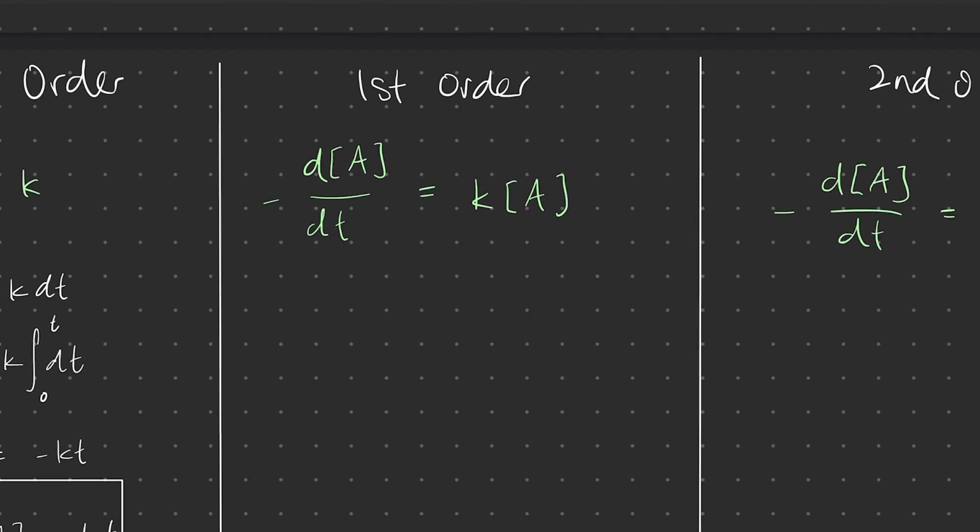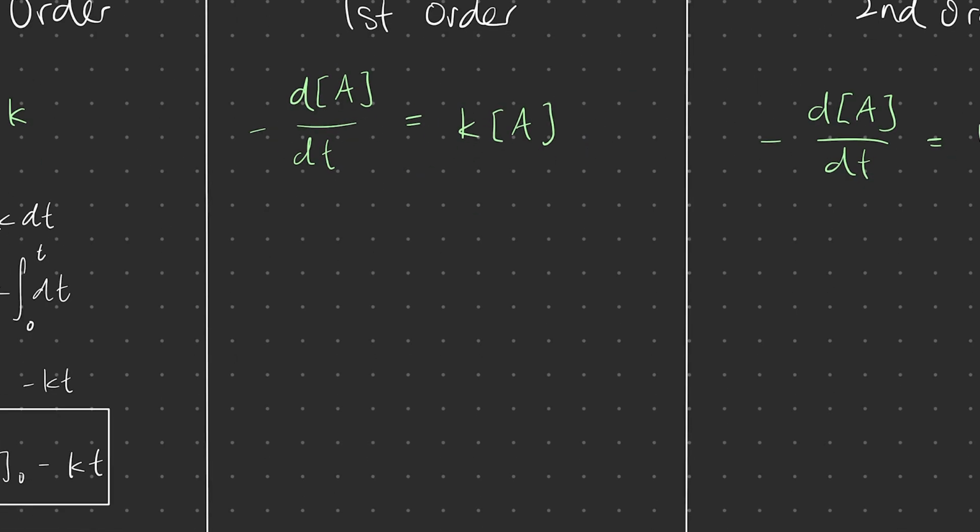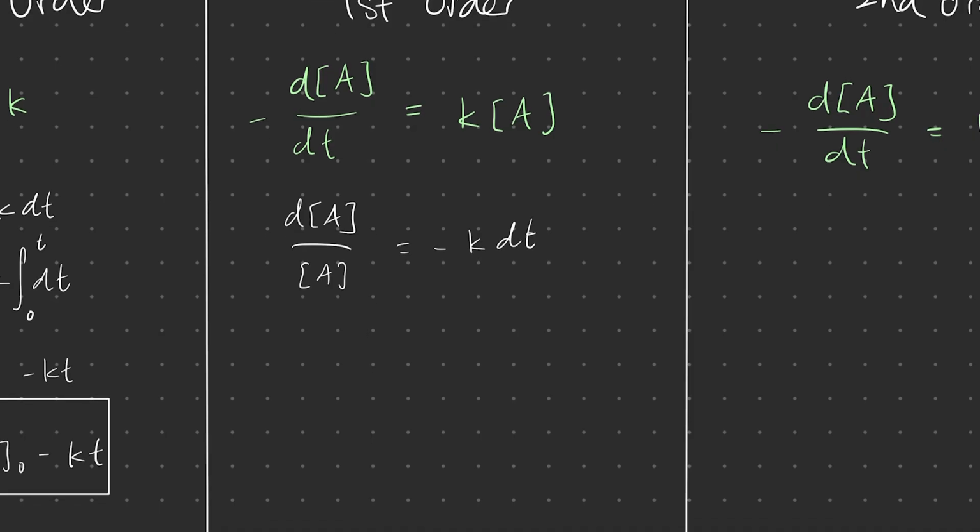And now we can move on to the first order reaction, which is similar, but a bit different because we have a concentration term on the right. So we can move that over. So we get dA multiplied by 1 over A is equal to k dt, or we can also move the negative sign over just to make it easier.